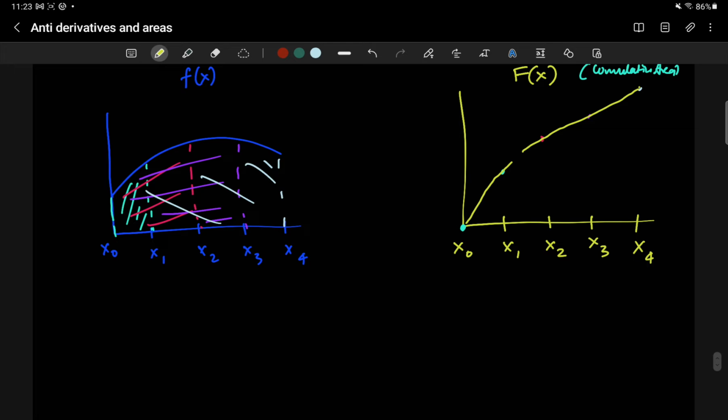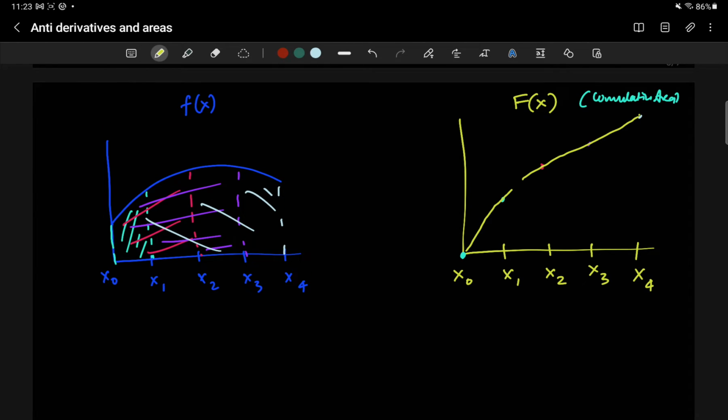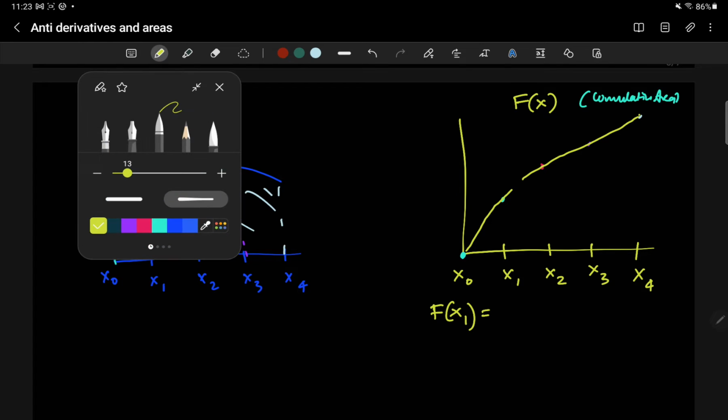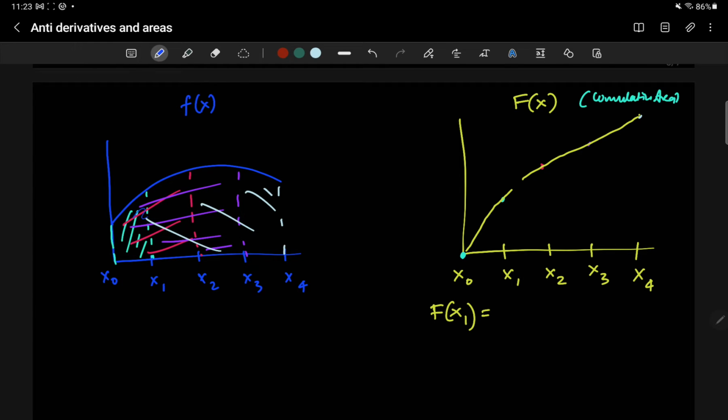Okay. But now, if I look at what these values represent, capital F of x1 represents this area, which is in cyan. So let's suppose I label these areas A1, A2, A3, and A4.